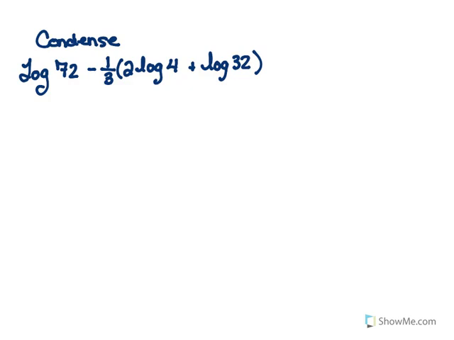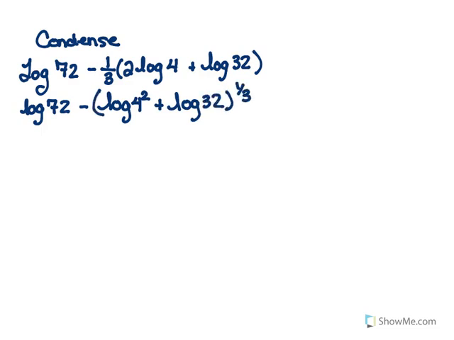Remember, this whole thing is being brought to the cube root. So we have log of 72, and we are subtracting, now watch what I'm going to do here, log 4 squared plus log 32, all brought to the 1/3 power, which is also the cube root, so don't forget that.